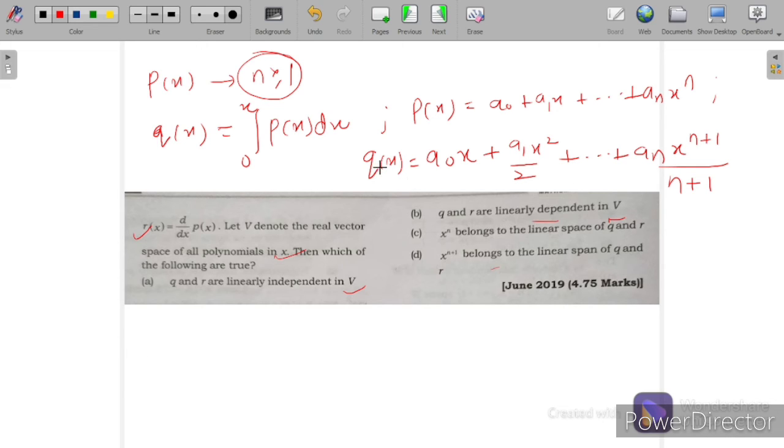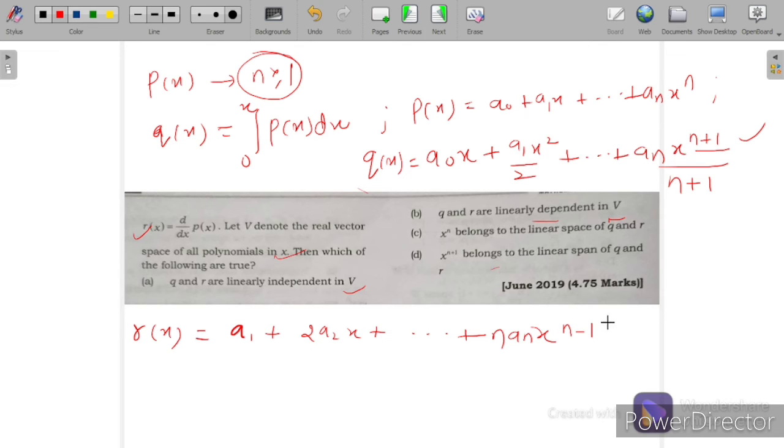So the degree of q of x is n plus 1, and the polynomial r of x is a differentiation of p of x. So r of x will be a1 plus 2 times a2x plus and so on n times an x to the power n minus 1.